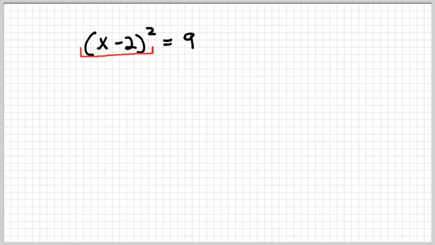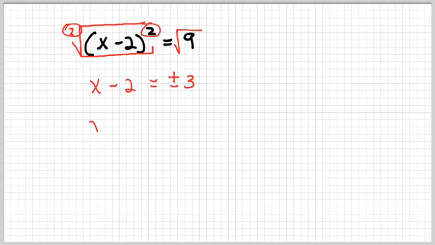And it's not just that it's a perfect square, it's got the x inside of it. Because of that, to get the x out of it, I can square root both sides. This square root, remember, has a little 2 there, so square rooting it just gets rid of the squared. On the right side, I've square rooted both sides of an equation, so I get plus or minus 3.